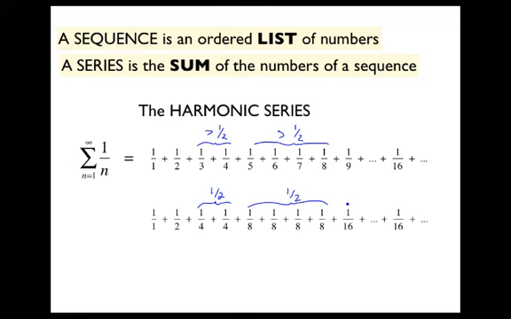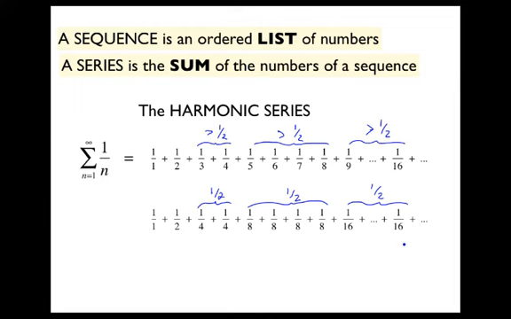How about 1/16? How much is that equal to? 1/2. And then what about 1/9 up to 1/16? If I did 1/9 plus 1/10 plus 1/11, etc., greater than 1/2. So what am I going to do? I'm going to take the next 16 terms, and that's going to be greater than 1/2.